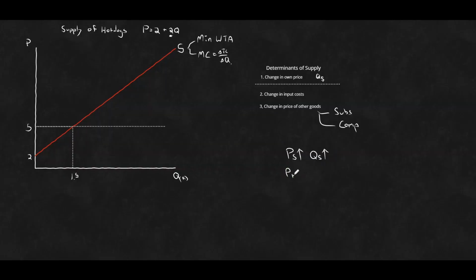Well, what does that mean for what we're looking at, which is hot dogs, price unchanged? If we're making more sausages, that is, we're using our inputs, our machines, our labor, and instead of using all of that to make hot dogs, we're using it to make sausages. So we're substituting away from hot dogs and towards sausages.